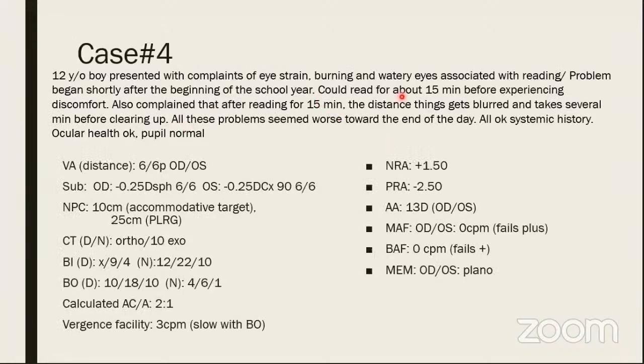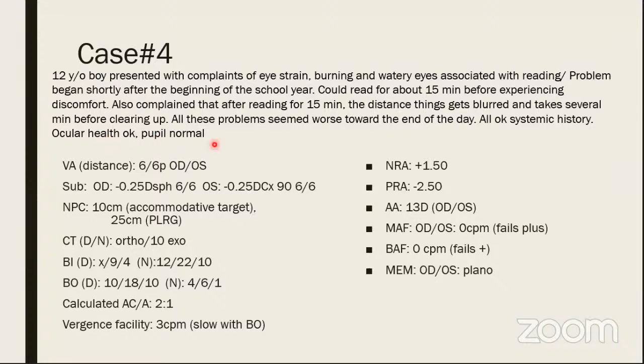Just see, he could read for 15 minutes before experiencing discomfort. He also complained that after reading 15 minutes the distance things start getting blurred and take several minutes before clearing up. So apart from our diagnostic tests, the peculiar symptom the patient is providing is that on doing consistent near work, he sees distance things blurred, taking several minutes to clear up.